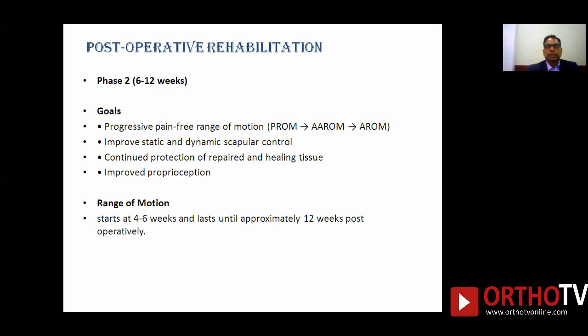Improve the static and dynamic scapular control, with continued protection of the repaired and healing tissue. This is very important, whatever the patient wants to do. We need to further protect the rotator cuff because it takes longer to heal. Improve proprioception. Range of motion starts at 4 to 6 weeks and lasts until 12 weeks post-operatively, when the patient gets complete pain-free range of motion.